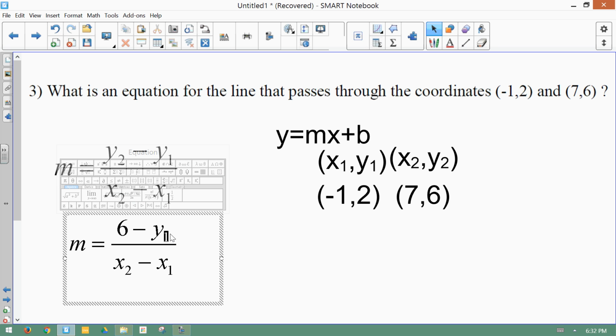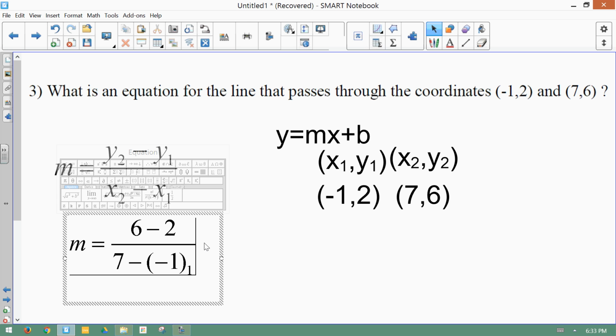Y1 is 2. And x2 is 7. And x1 is -1, which we still need to make negative because it's being subtracted. We still need to subtract it even though it's negative. So I'm going to put this in parentheses there.